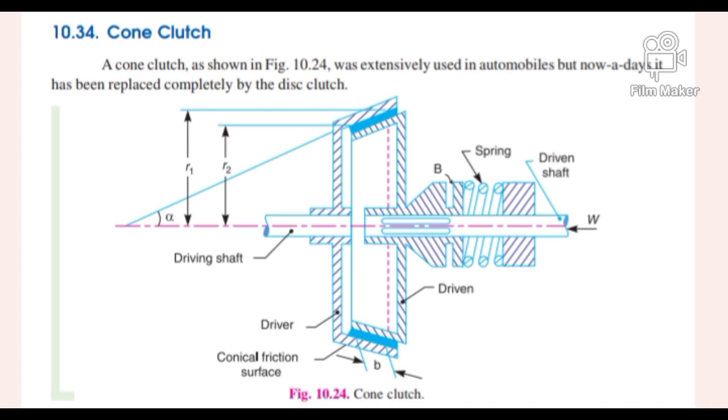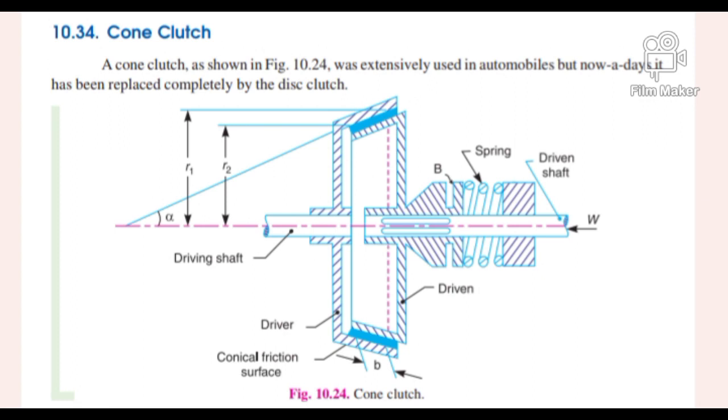The next type of clutch is the cone clutch. A cone clutch was extensively used in automobiles, and nowadays has been replaced by the disc clutch. It consists of one pair of friction surfaces only. In a cone clutch, the driver is keyed to the driving shaft by a sunk key and has an inside conical surface or face which exactly fits into the outside conical surface of the driven.